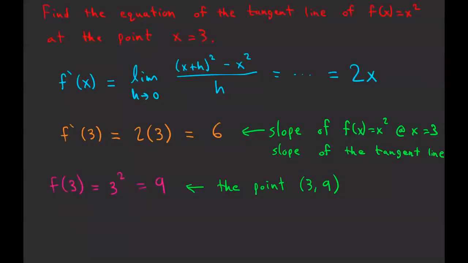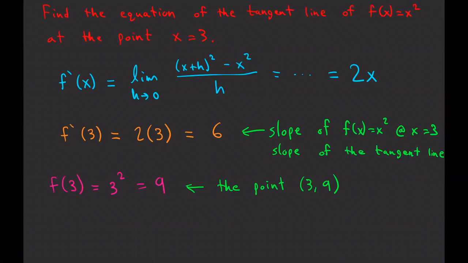So we've got that. Now we're just going to use the equation of a line, right? This is point slope form, just going back to algebra. We have the slope in orange of 6. We've got the coordinate point in the pink, and that coordinate point is (3, 9).